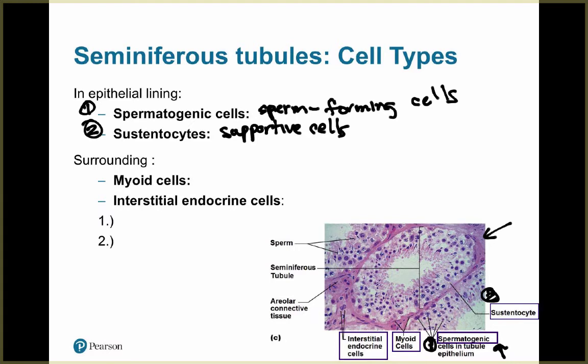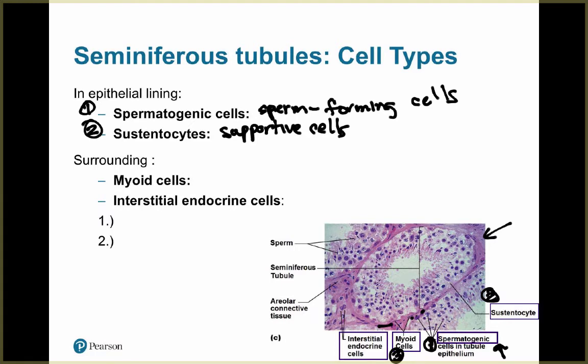Now, surrounding those cells are 2 different types. There are myoid cells, and then there are the interstitial endocrine cells. These myoid cells surround each seminiferous tubule. You'll see those right here, located in this area right over here.